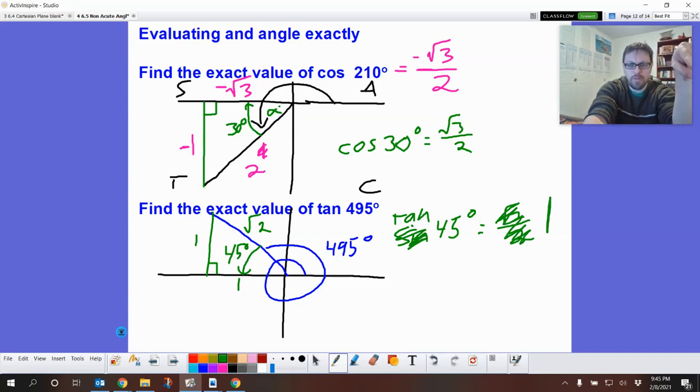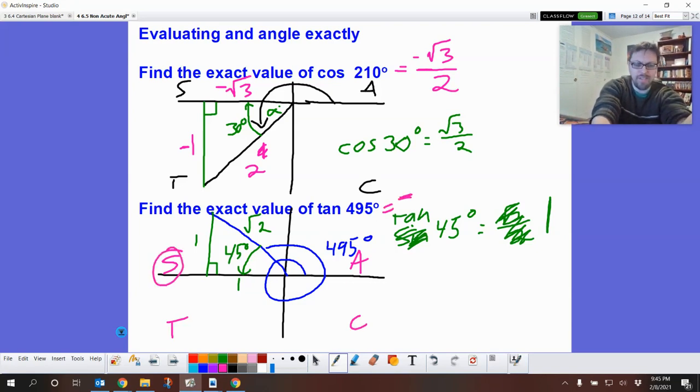Now, this is in quadrant 2. And in quadrant 2, I know all students take calculus. Whatever I get for this value should be negative again, because sine is the only one that's positive in this quadrant. So look back at that 1, 1, root 2. That 1 on the x-axis is a negative 1 because we're going to the left.